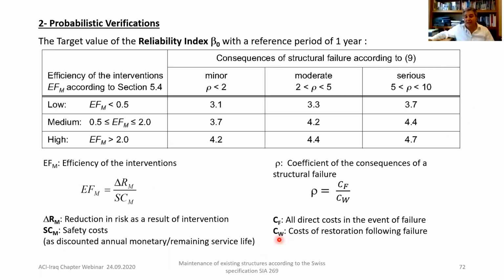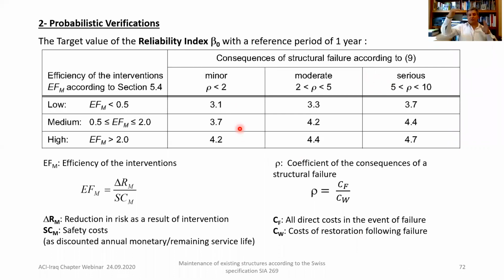On the other side, the coefficient of consequences for failure is another factor. It's the proportion between the cost of the failure event itself, the bridge came down, how much is the cost of this failure, and the cost of the restoration following the failure. So the higher it is, the more important.